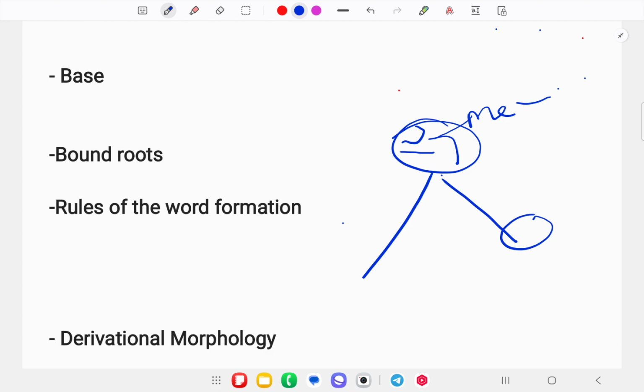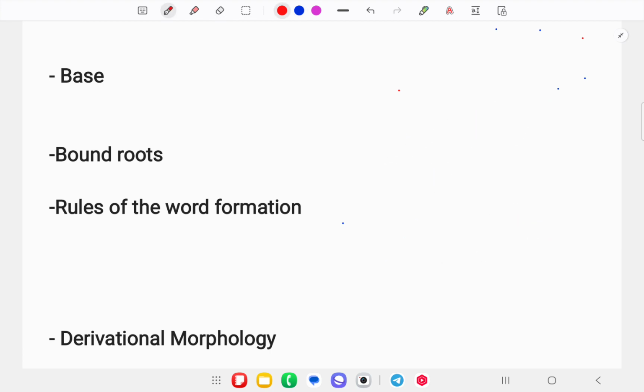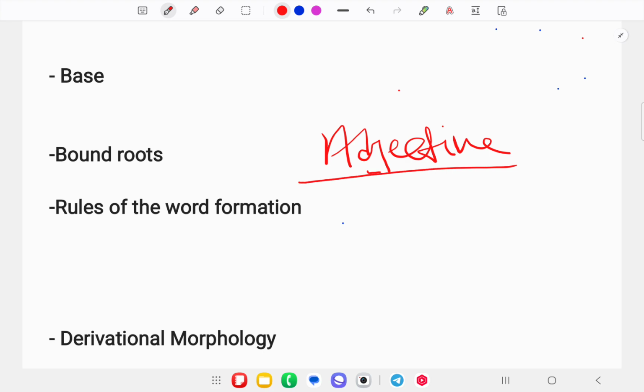So when we talk about the rules of word formation, we can take an example, like if we say adjective. Adjective in the sense when there is an adjective and we attach something like ify, then this becomes the verb.